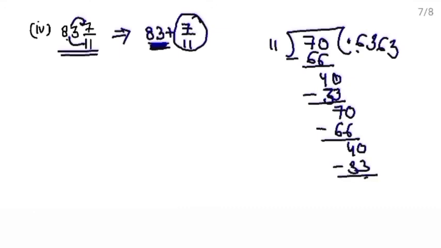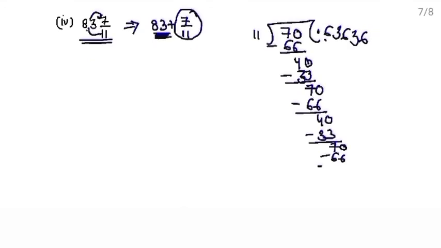Again 7. 0. 6 are 66. Subtracted, 4. 0. Again 3 are 33. Now we have 6 decimal places. Let's find one more. 7 0, 6 are 66.